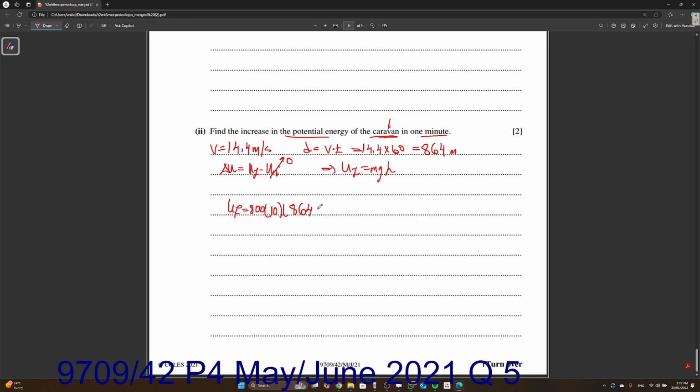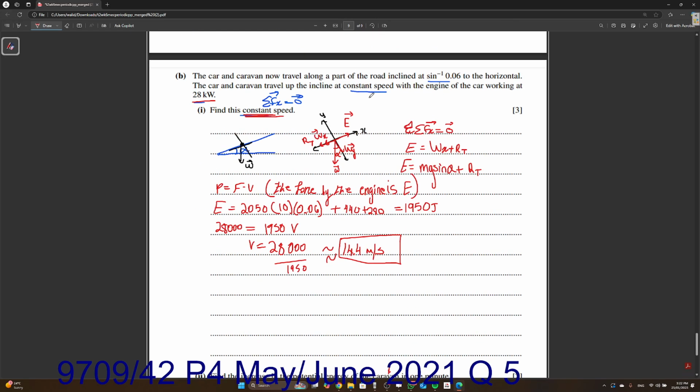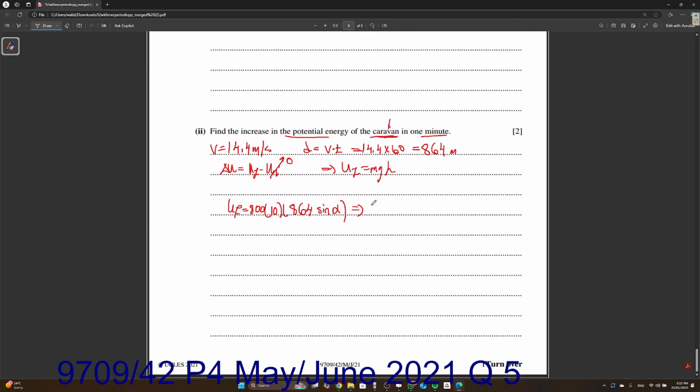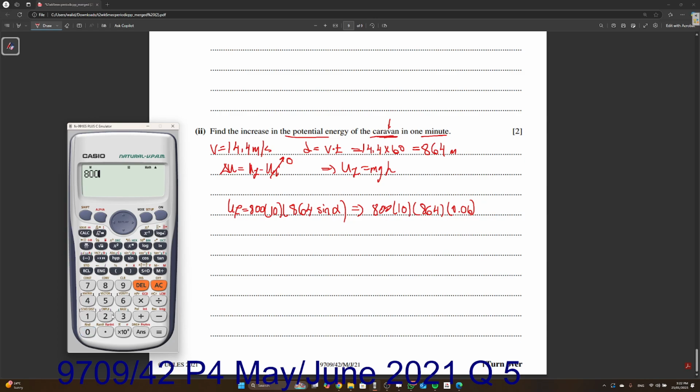So 864 sine alpha, and we know that sine alpha is equal to 0.06, right? So we're going to do 800 times 10 times 864 times 0.06, you get 414,720.